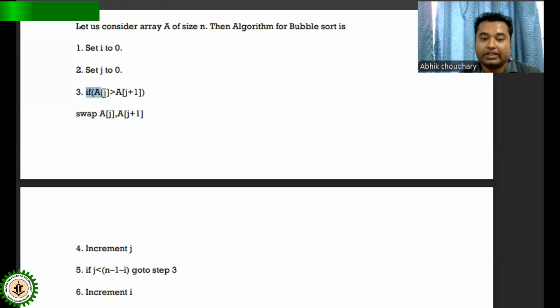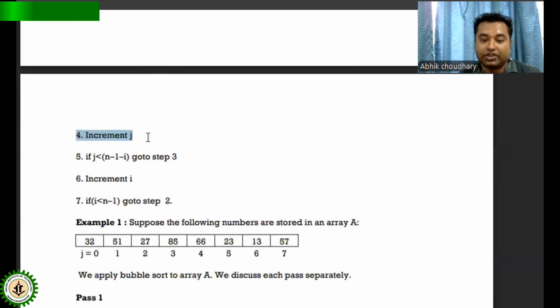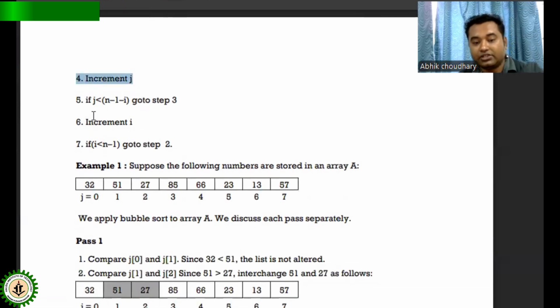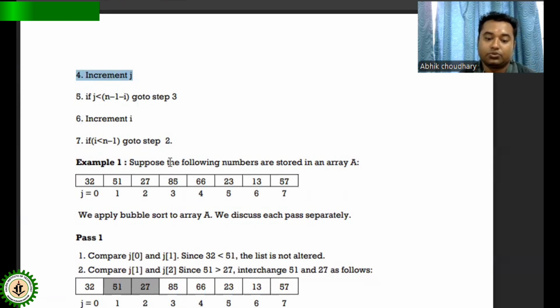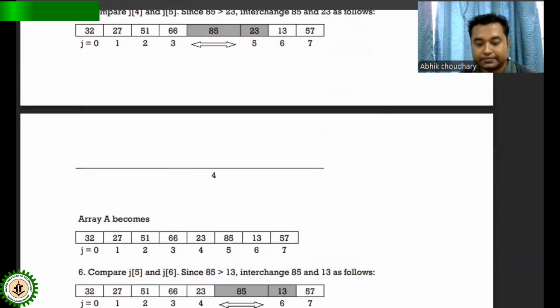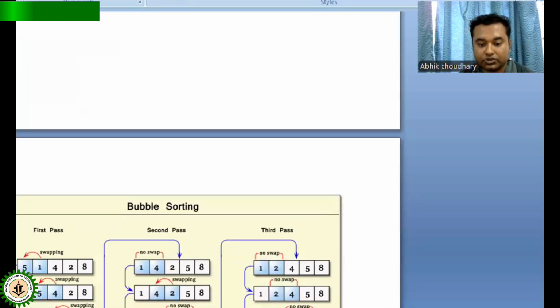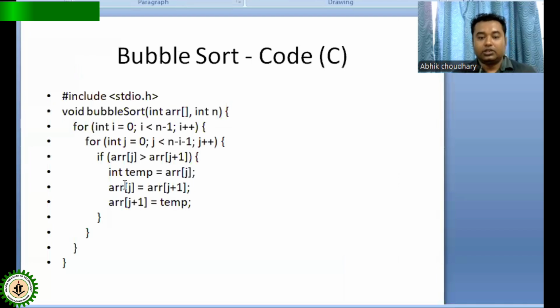If a[j] is greater than a[j+1], then swapping will be done, and increment j. If j is less than n minus 1 minus i, go to step 3 again, and increment i. If i is less than n minus 1, go to step 2, like this. Then this is the code for bubble sort.